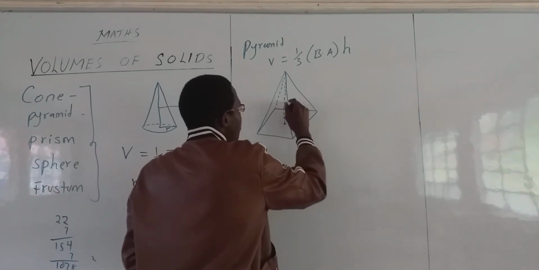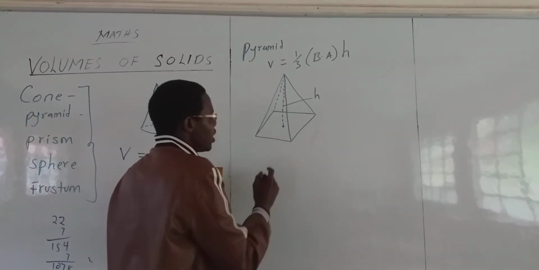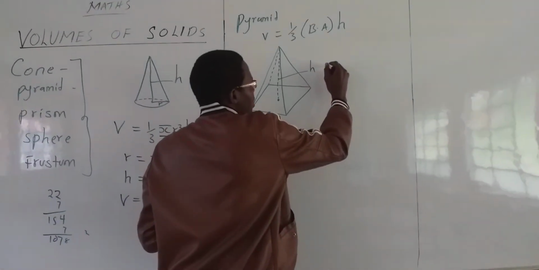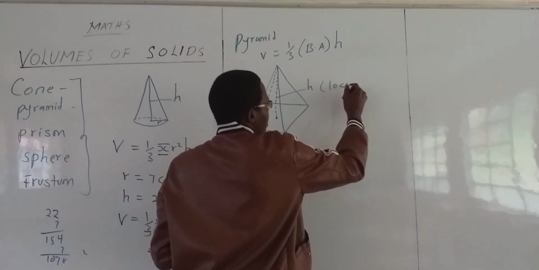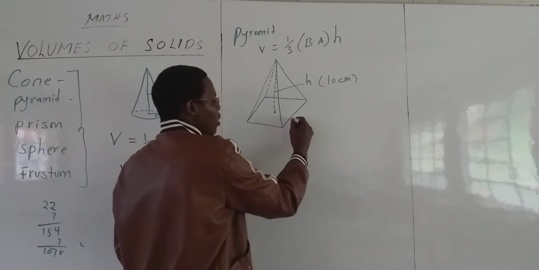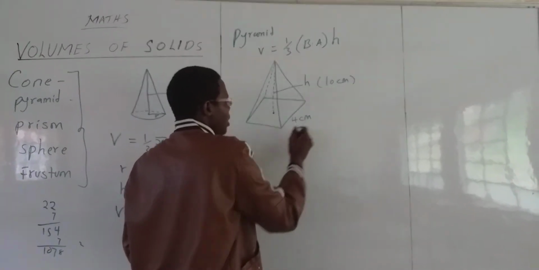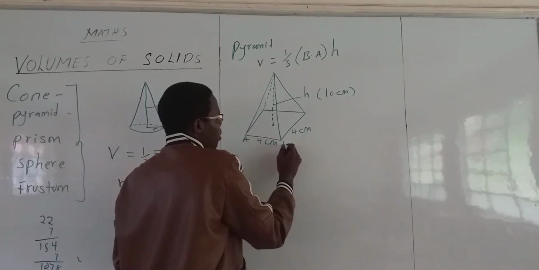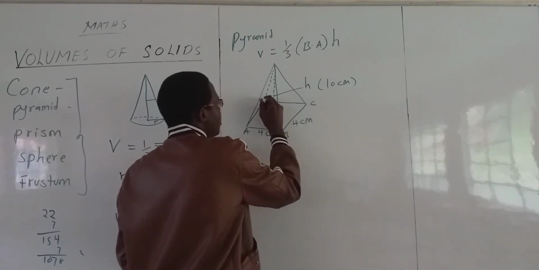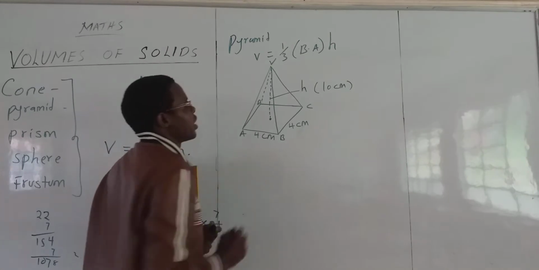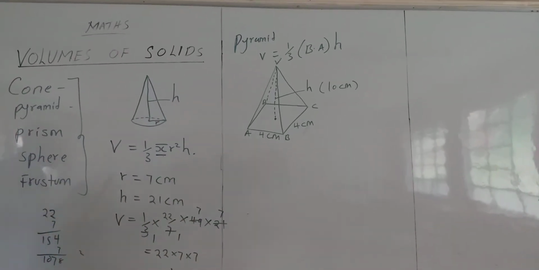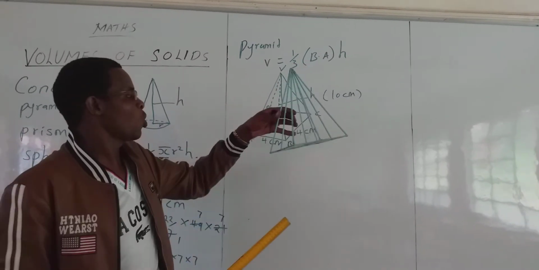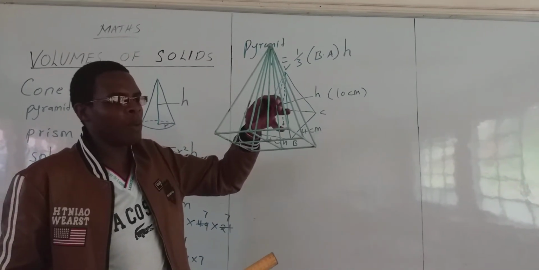Let us assume our height is given, which is equivalent to 10 centimeters. Then from here to here is 4 centimeters, and this one is also 4 centimeters. Maybe this is A, B, C, D. Given what I've just drawn, I've translated what I have on the board. So I've just sketched, but this is the real pyramid.